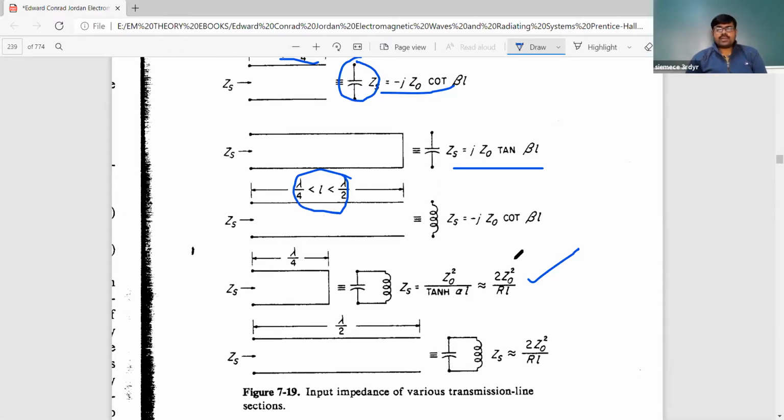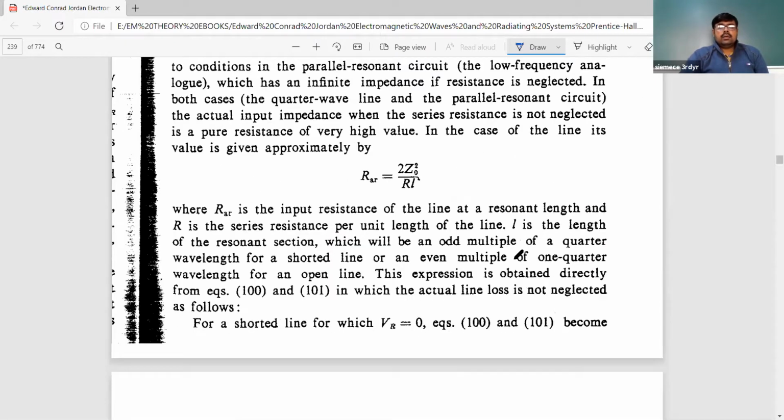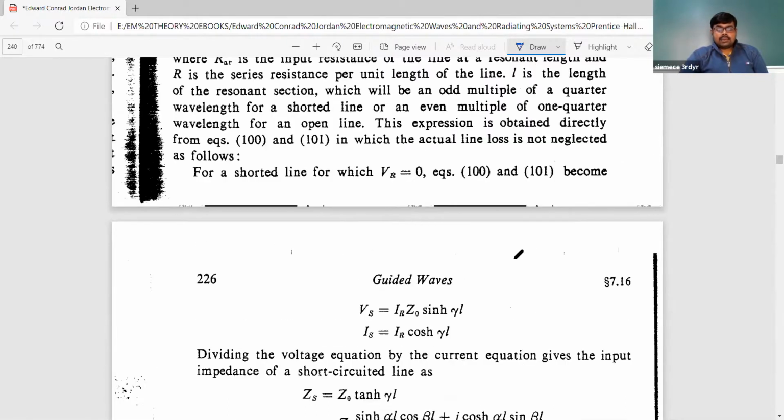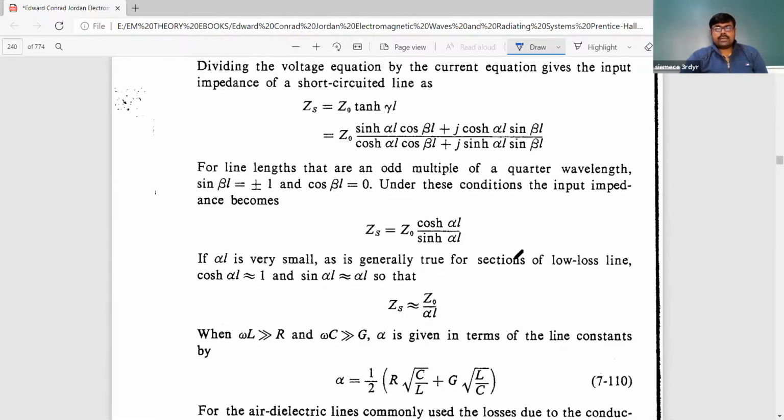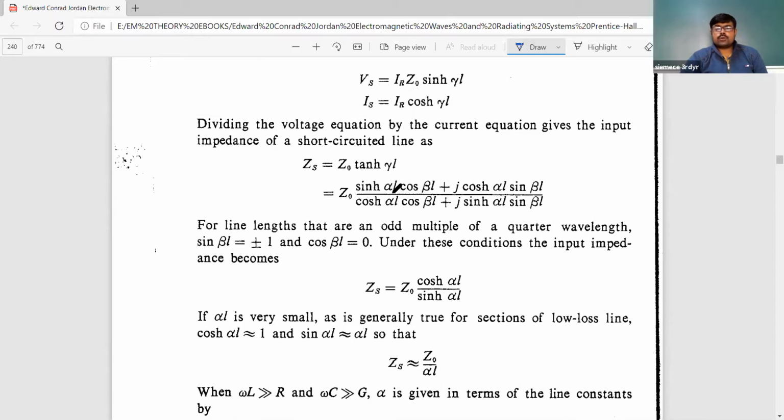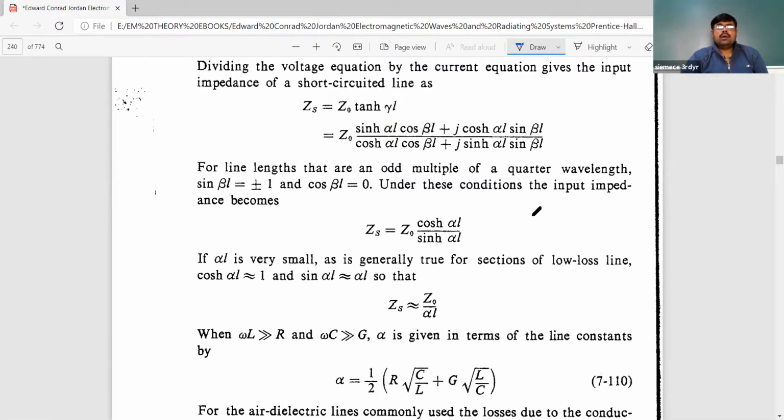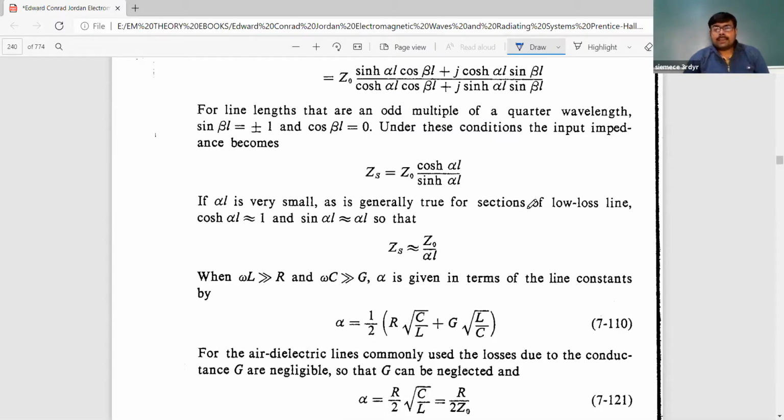Another point we have derived is what the effect will be within the lambda by 2 equation. Depending upon the equation derivation, Zs equals Z naught tanh of gamma L, which equals Z naught times sinh alpha L cos beta L plus j cosh alpha L sin beta L, divided by cosh alpha L cos beta L plus j sinh alpha L sin beta L. For line lengths that are an odd multiple of a quarter wavelength, there are different terms, a type of harmonic systems defined.